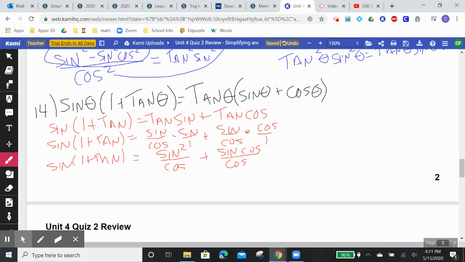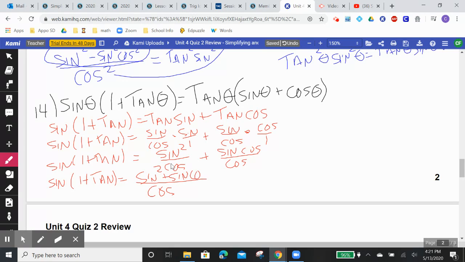Okay? So I'm going to keep it like that for now, which means I'll get the sine 1 plus tan equals all over cosine, and I get sine squared plus cosine.